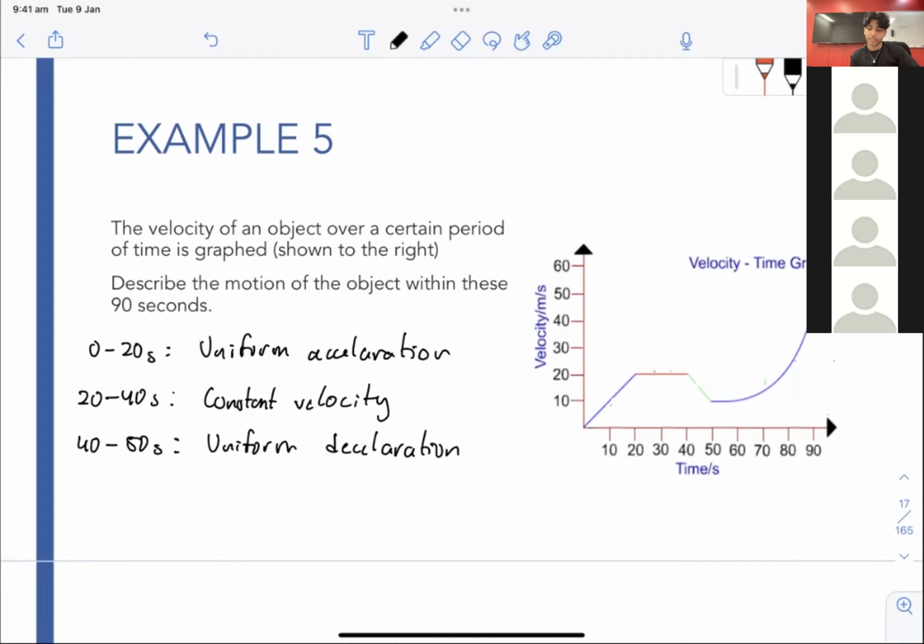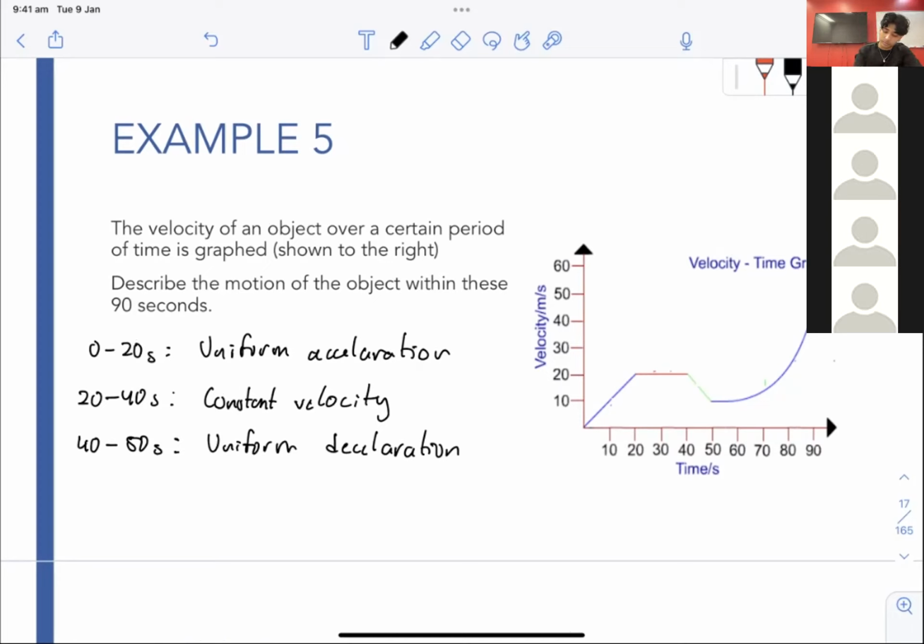So yeah, I'm just reading out what we have going on in each section. All right. So from 50 to 90 now, this last portion, it's a curve. All right. Now, what does this mean for our motion? We know that, first of all, the velocity is not increasing at a constant rate. It's increasing at an increasing rate. Okay. So what that means is if it's increasing faster and faster, that must mean the acceleration is increasing.